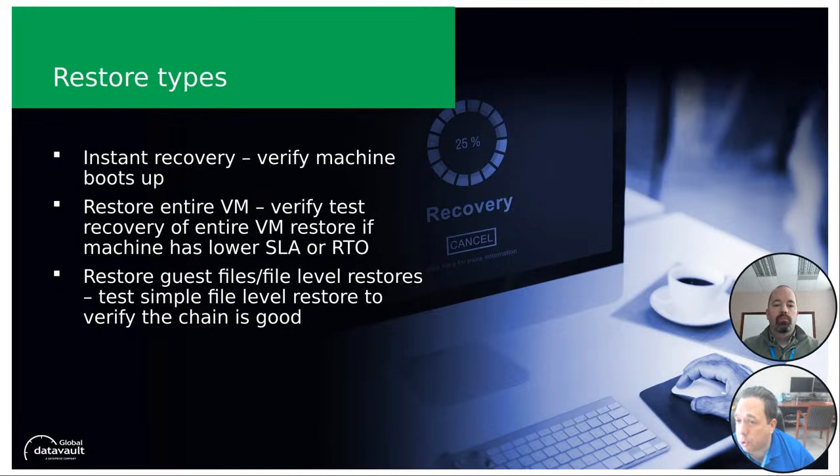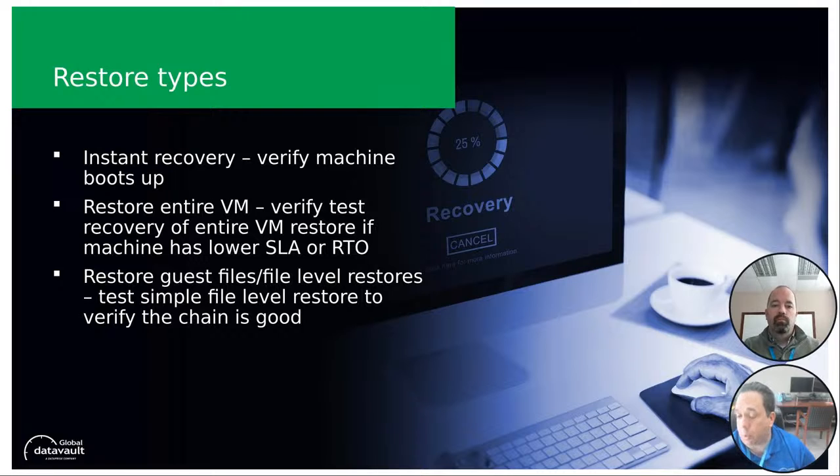You also want to try to restore your entire VM. The reason why this is important and the difference between this and an instant recovery is the restore entire VM is meant for servers that have lower SLAs. And the reason for that is because the RTO, or restore time objective, is actually much longer for these restore entire VMs because it actually restores the whole VM to your data store and or your hypervisor.